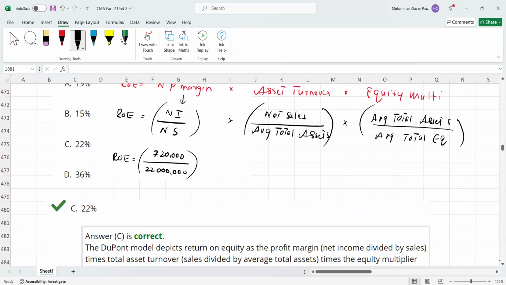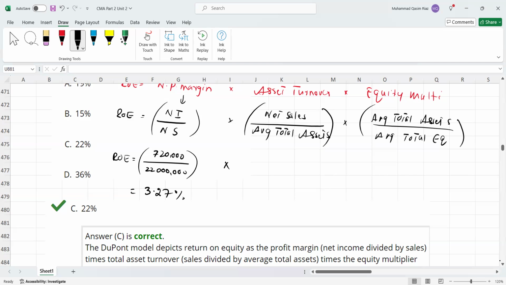The answer is 3.27%. Because this ratio is in percentage. If you don't want it in percentage, you can write it without the percent sign, or multiply with 100. So here we go, guys.